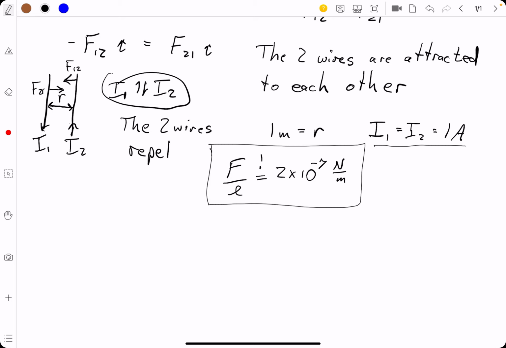So here's how it works. What do we have? We have 2 times 10 to the minus 7, and that equals our mu naught over 2 pi times I, and they're both the same, so I'm just going to say I1 squared, and we have our 1 meter on the bottom.